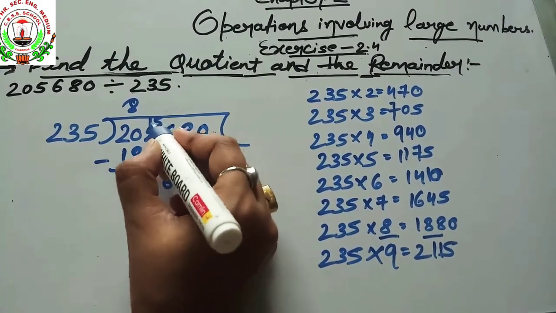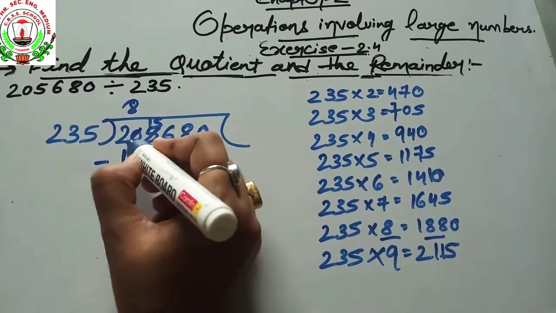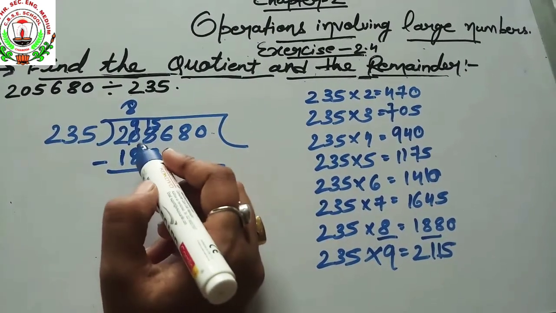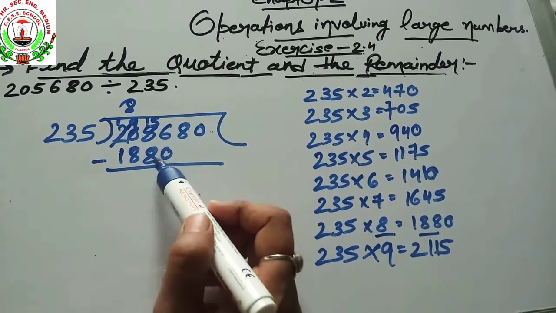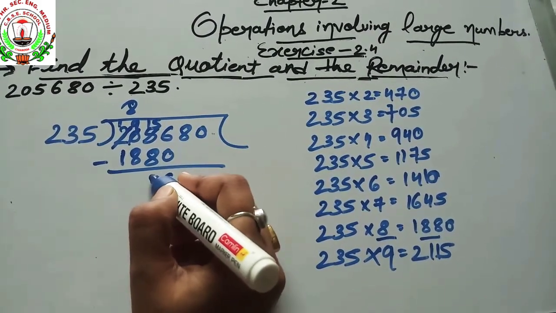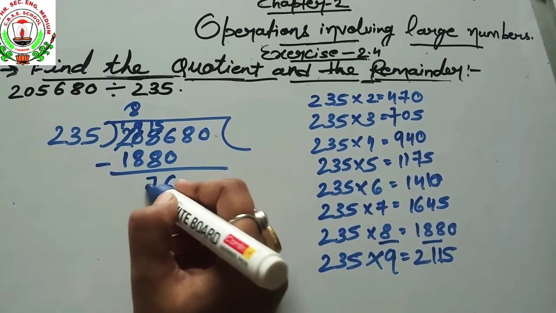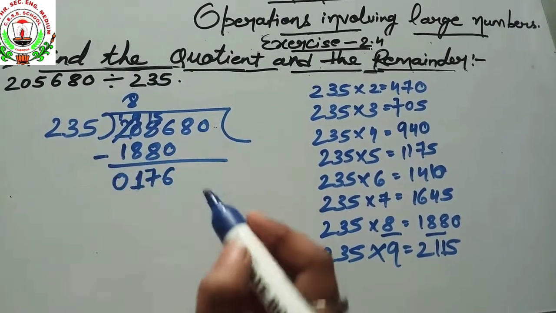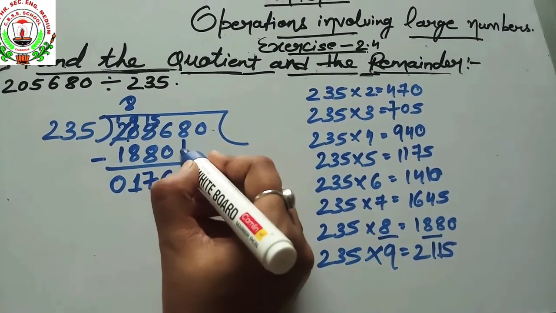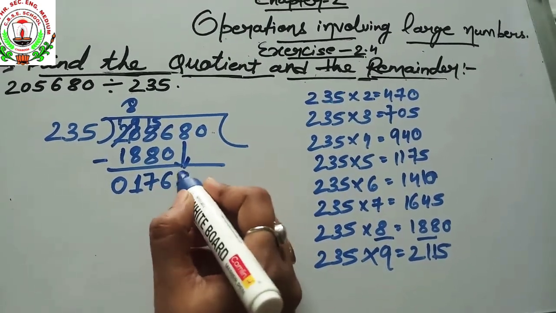Here we have to take a borrow from here. It will become 9 and this is 1. So 15 minus 8 is 7. 9 minus 8 is 1 and 1 minus 1 is 0. After this we will bring down this 8 over here.